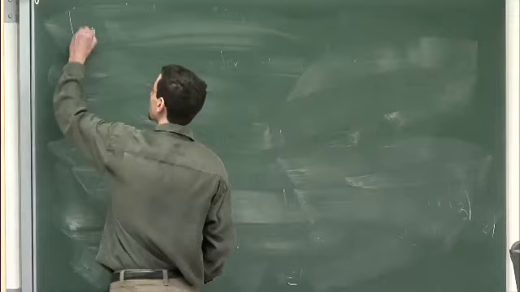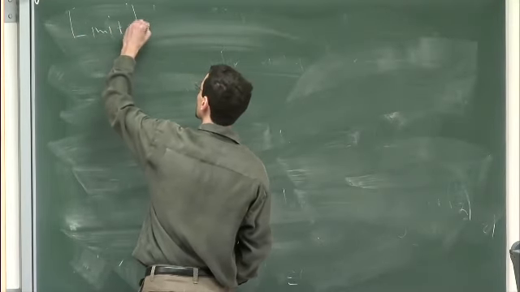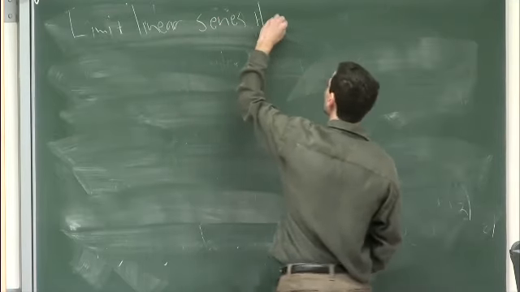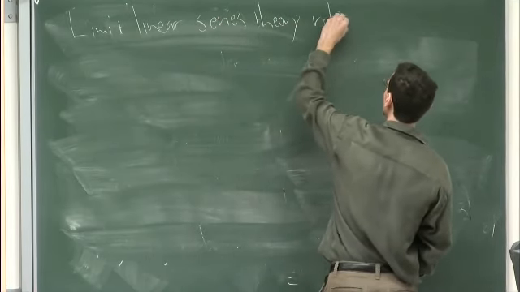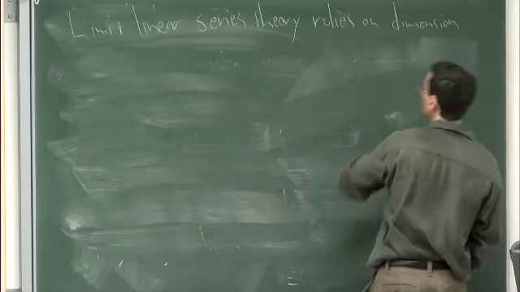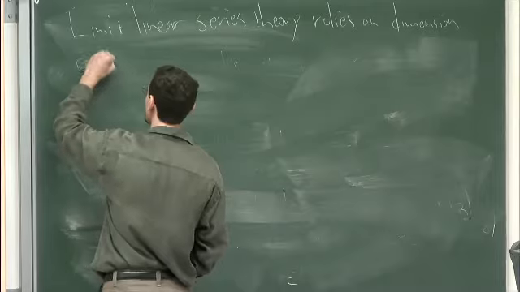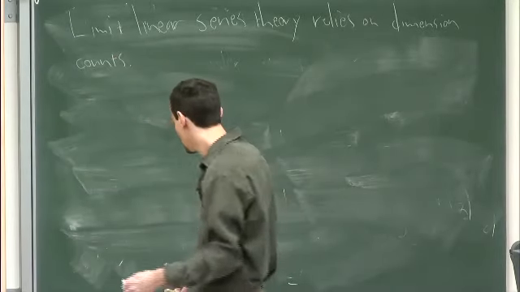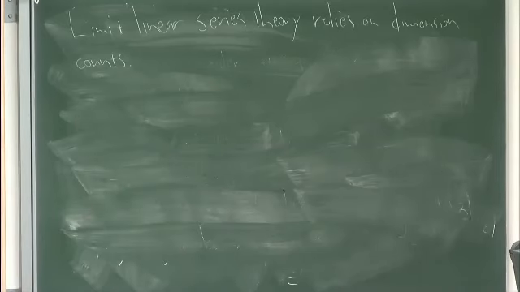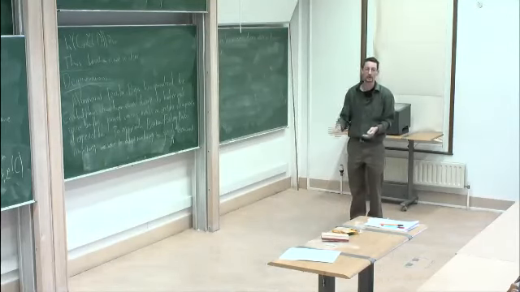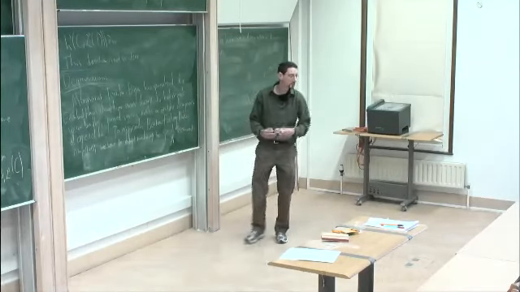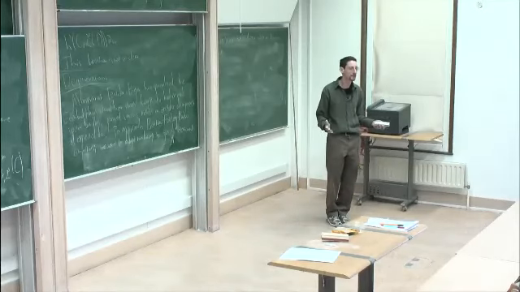So limit linear series theory relies on dimension counting. And the issue is that in order to prove anything using limit linear series theory, you need to show that you have the expected dimension on the special fiber. And Bertram, Feinberg, Mukai are saying precisely that you don't have the expected dimension, that it's larger by k choose 2.